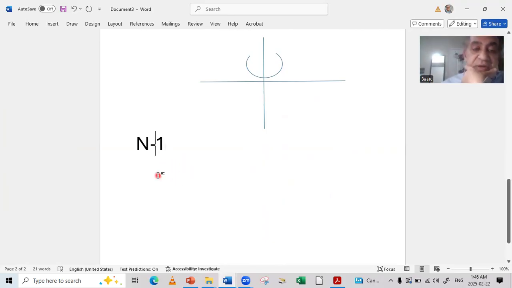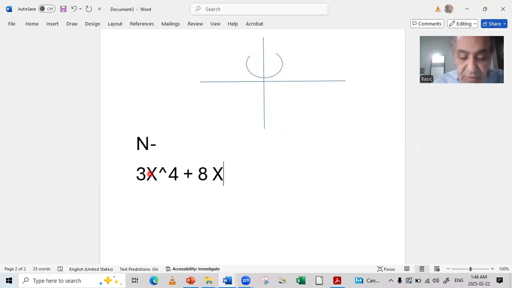So as an example, if it was quartic like this, let me say 3x^4 + 8x^2 + 16.